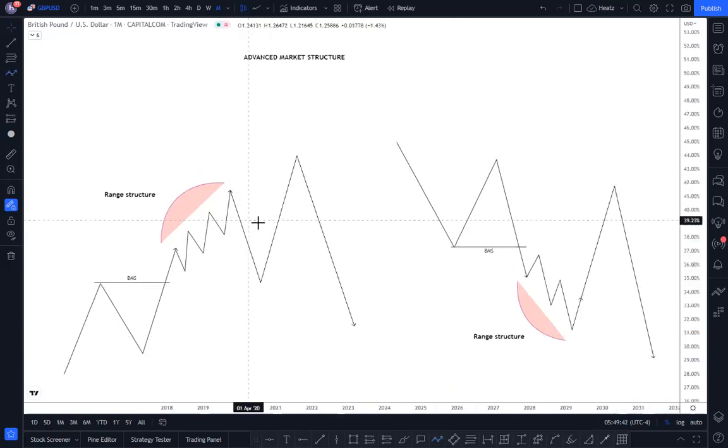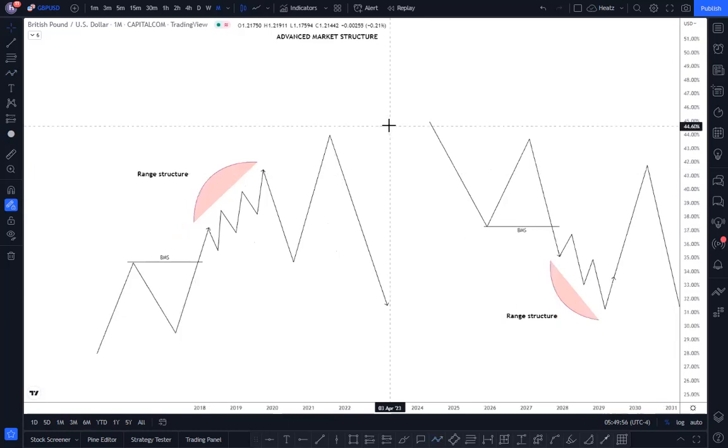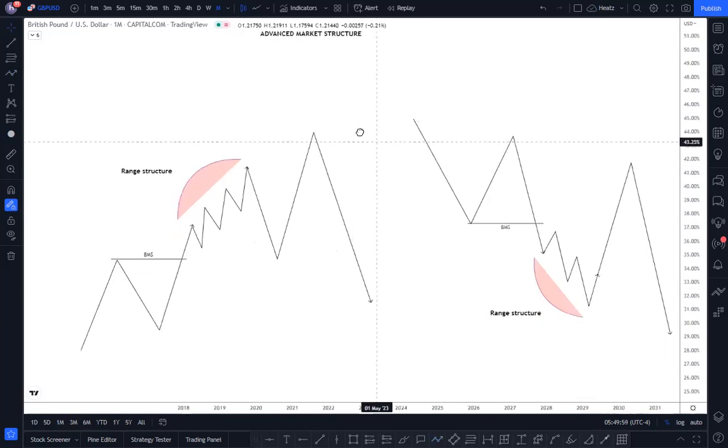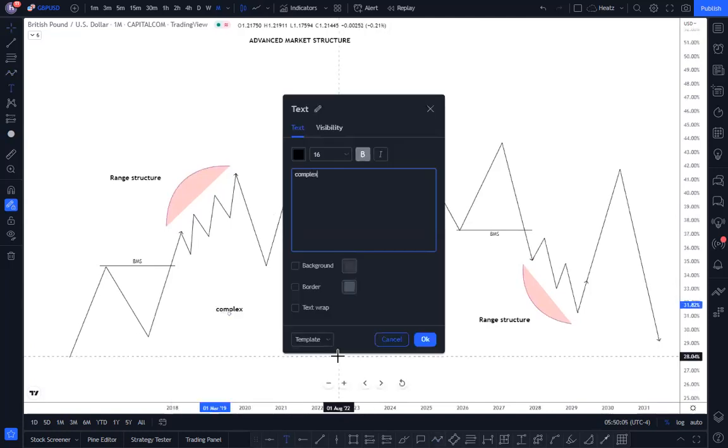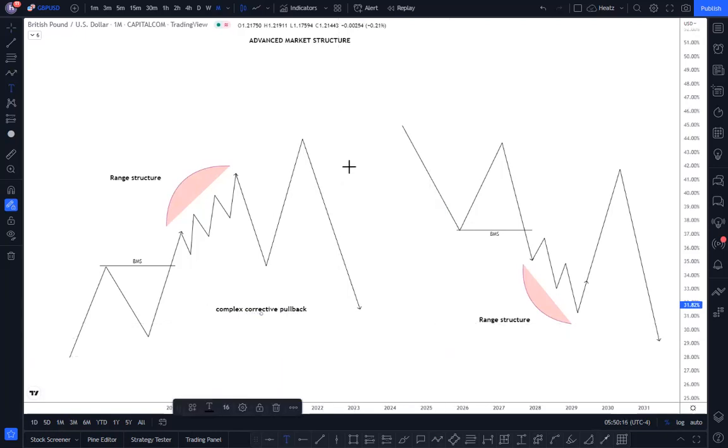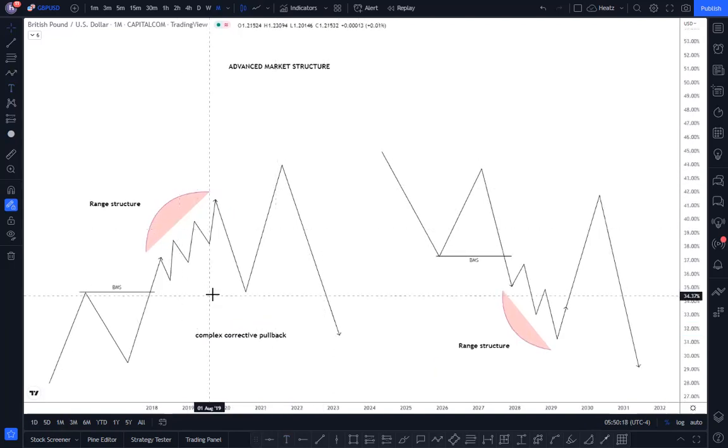To understand how this whole complex corrective wave operates, you need to understand what is called mitigation. But before we move on, let me write complex corrective wave or pullback. So this is the complex corrective wave.